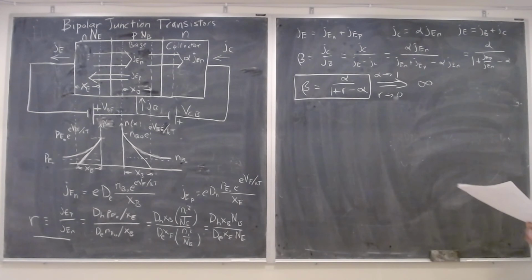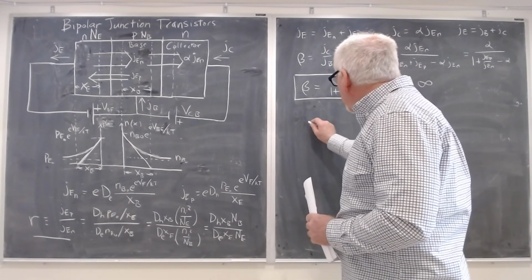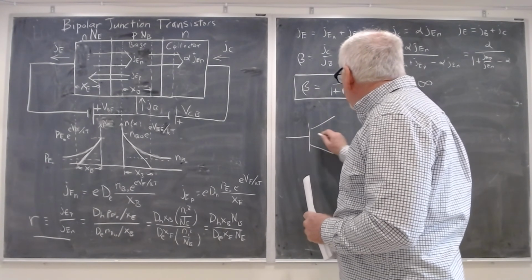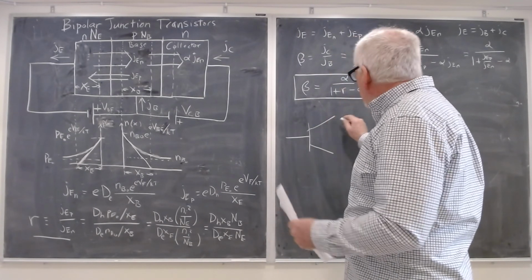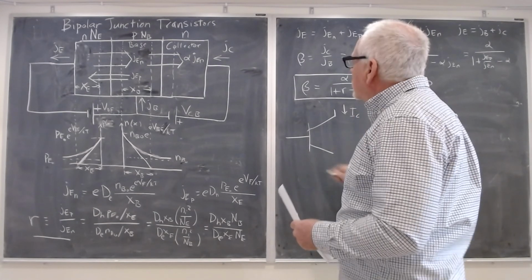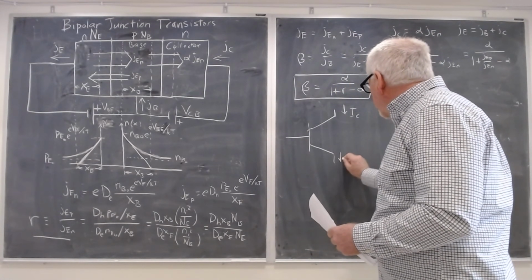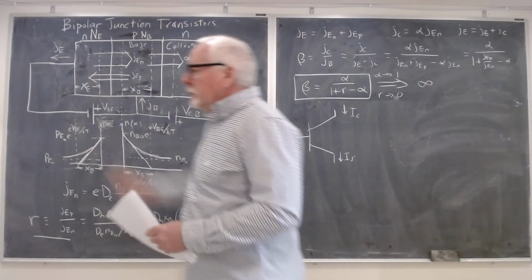All right, now let's talk about what happens in a circuit. So I'm going to draw the circuit diagram for this transistor. So this is IC. And this is IE going out.